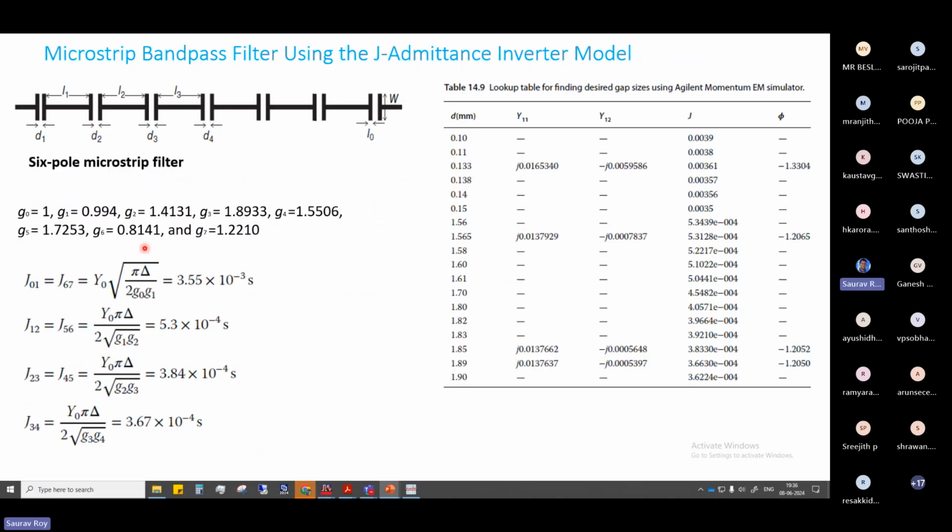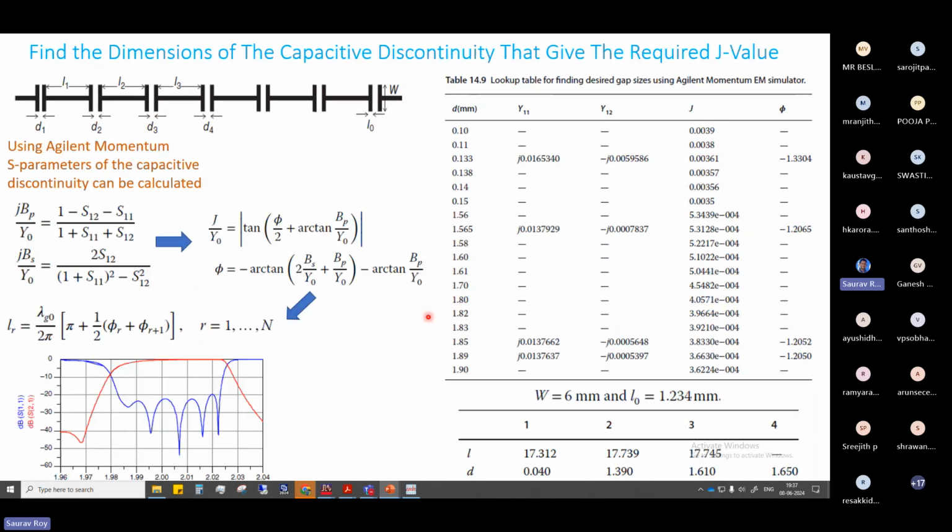Once these J values are done, then your task is to look into this table and find what the lengths and gaps would be. You can fix one width and L0 and then find out what D3 and L3 should be.